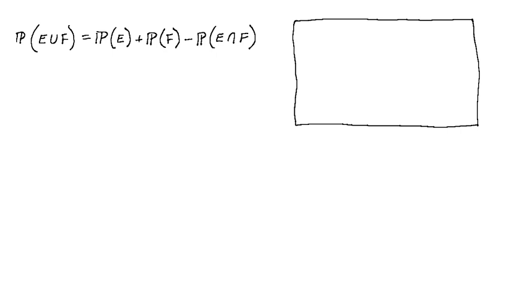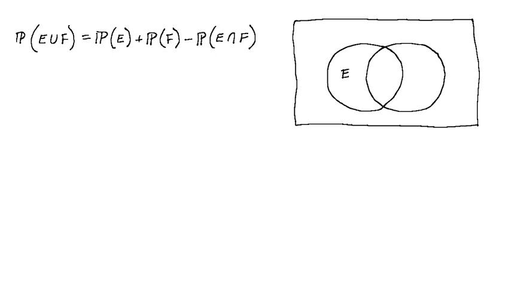Consider two events, E represented as this region, and F represented as this region. E intersect F would then be the event that corresponds to the overlap, as shown here. Now, we can represent the probability of E union F as the total area enclosed by these regions.